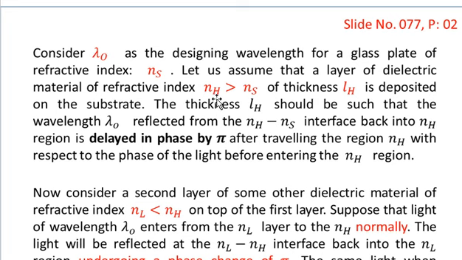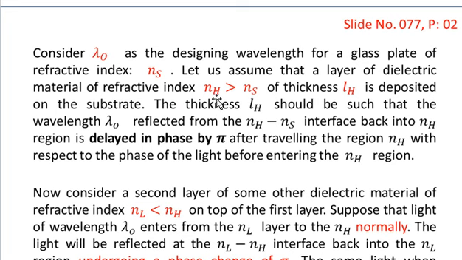The thickness LH should be such that the wavelength lambda naught reflected from the NH-NS interface back into the NH region is delayed in phase by pi after traveling the region NH, with respect to the phase of the light before entering the NH region.